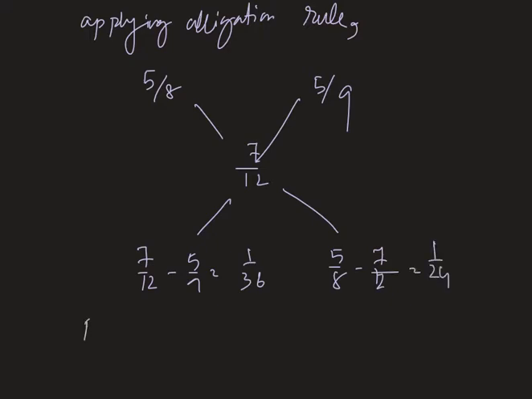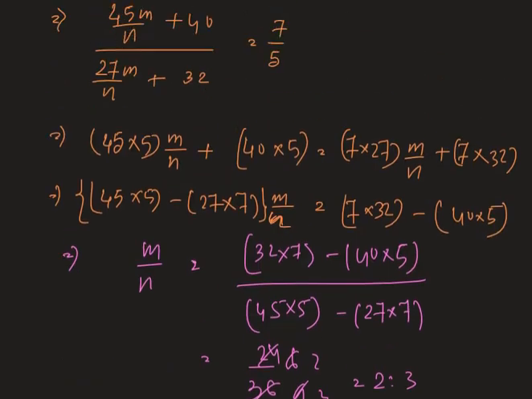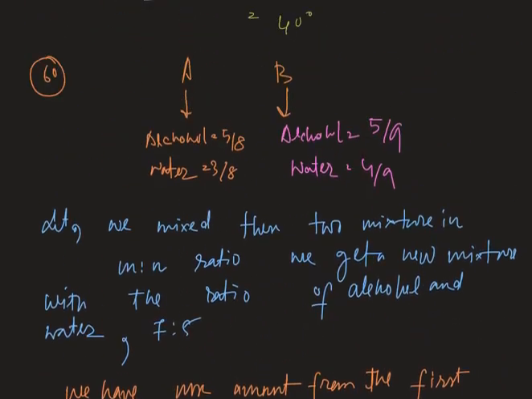So our required ratio is 1/36 is to 1/24, therefore 2:3. So we have solved this problem applying the alligation rule also.